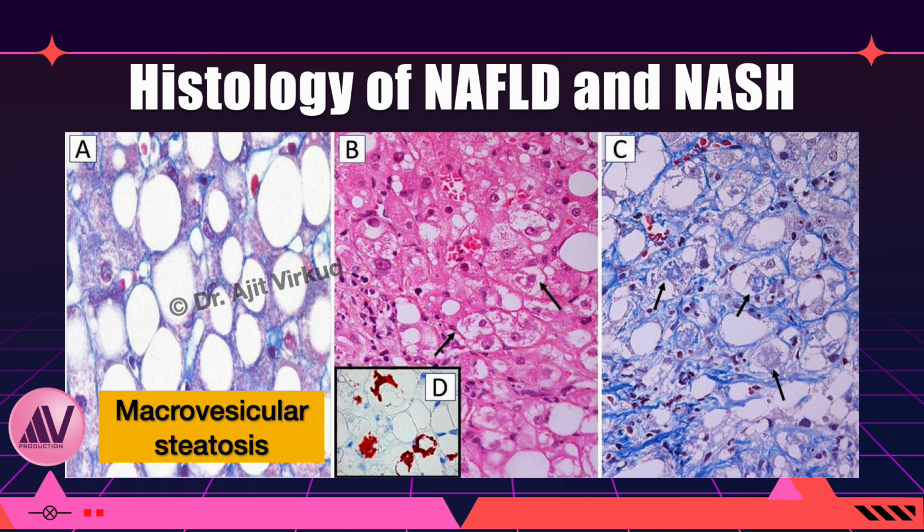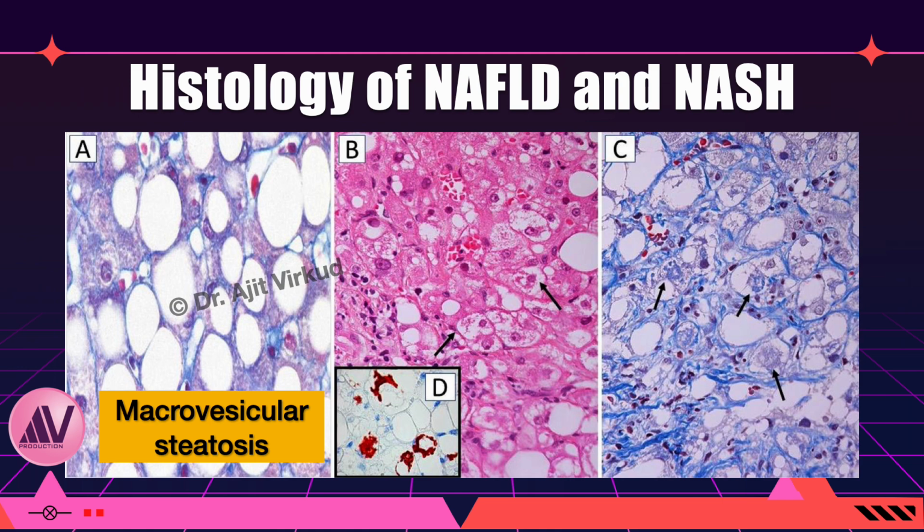Slide B, stained with H&E stain at 200x magnification, shows NASH characterized by ballooned hepatocytes with lightly stained cytoplasm, some of them containing indistinct cytoplasmic inclusions resembling Mallory-Denk bodies, MDBs, indicated by arrows. These bodies are visualized as eosinophilic irregular cytoplasmic inclusions, often appearing as ropey or string-like structures on histological examination.